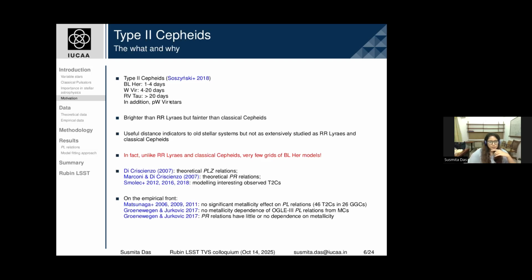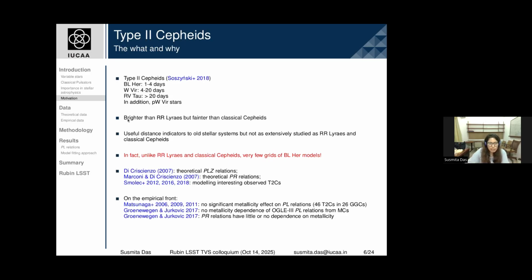So here I would like to point out that my talk is on BL Her stars. Ideally we would want to compute models of entire type 2 Cepheids. But because of the current limitation of the stellar pulsation codes, which can only reliably model BL Her stars and the shortest period W Virginis stars, we have restricted our study to only BL Her stars alone.